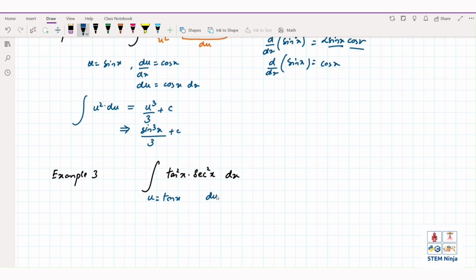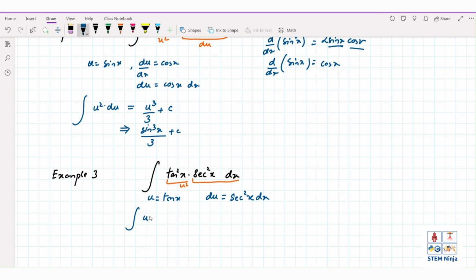So du would simply be secant squared x dx, which is this thing, and this is our u squared.